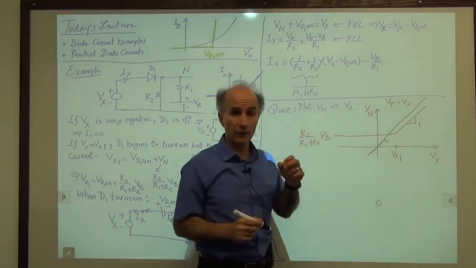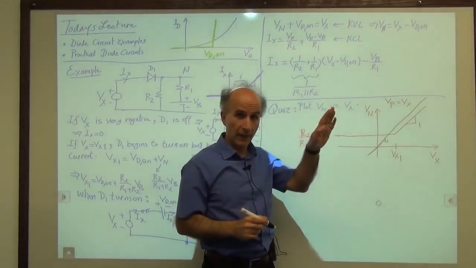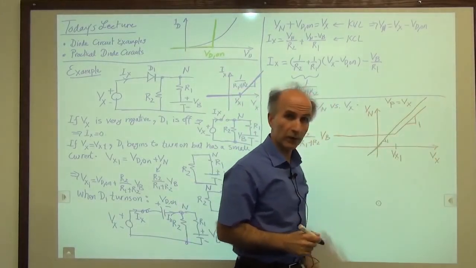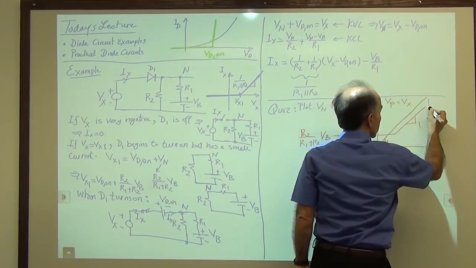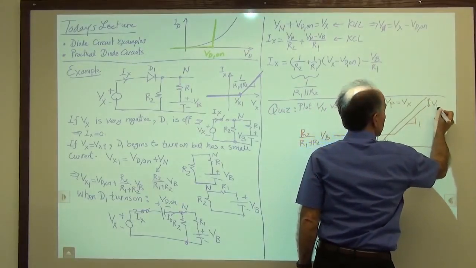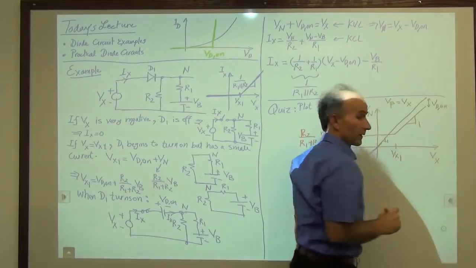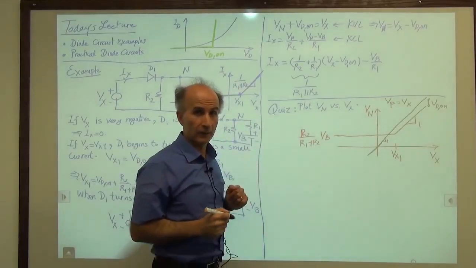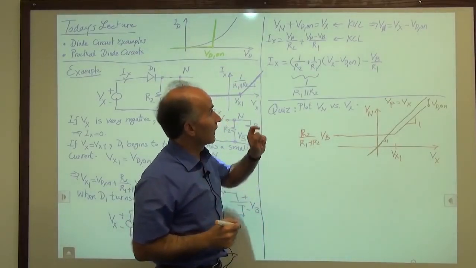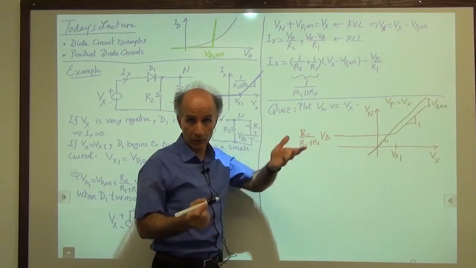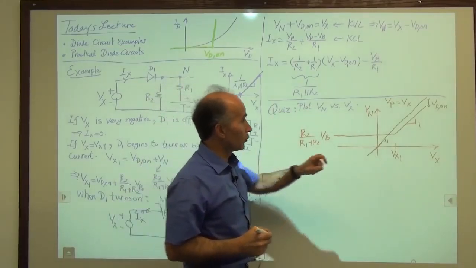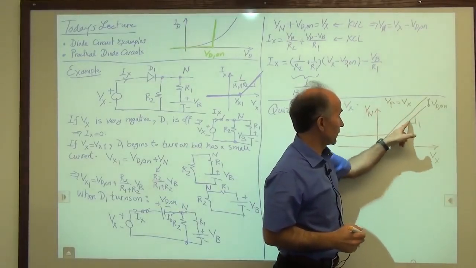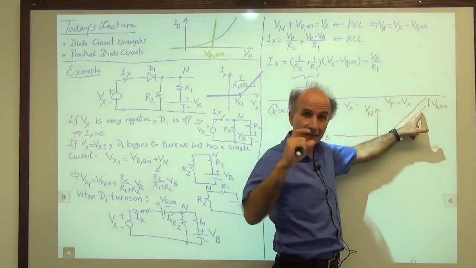So what we see is that the difference between Vx and Vx minus Vd on is just a vertical shift downward. In other words, the difference between these two is Vd on. Otherwise, they don't have any difference. The slopes are the same, it's just shifted down. So we say that node n, if you want to call it the output, tracks the input. As the input goes up, the output Vn also goes up, but it has a shift.